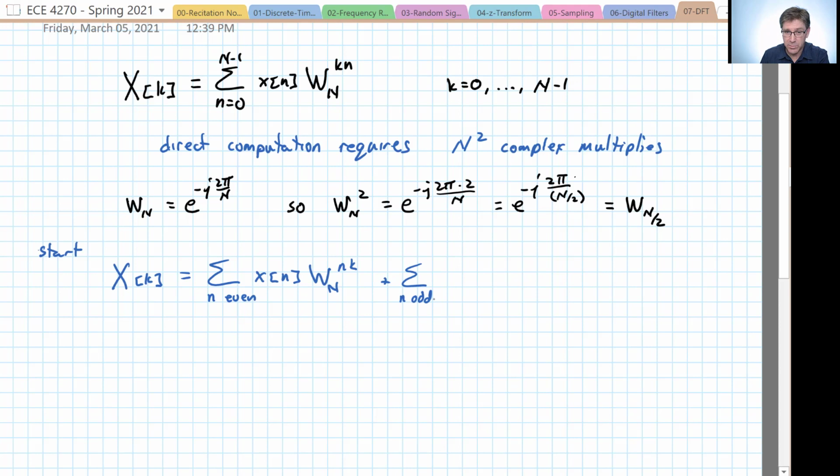The ranges remain the same, but we'll just, for ease, know that we're going from 0 to capital N minus 1.